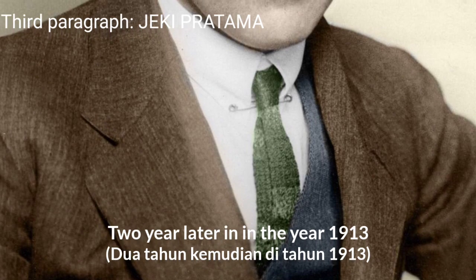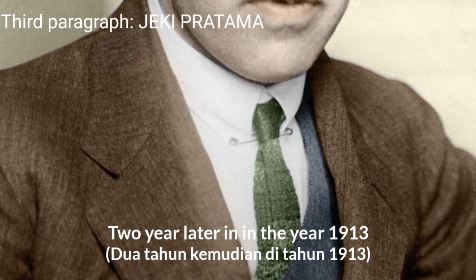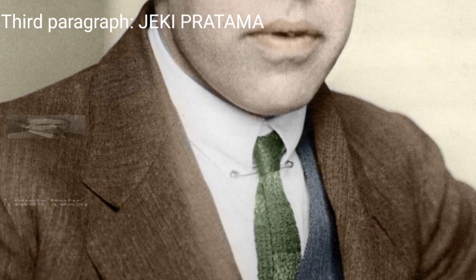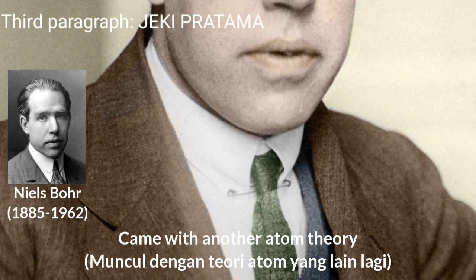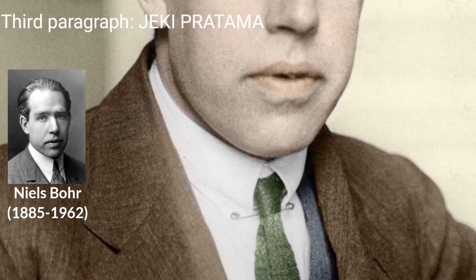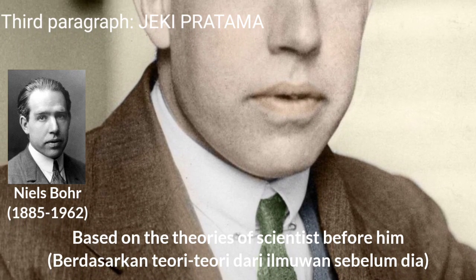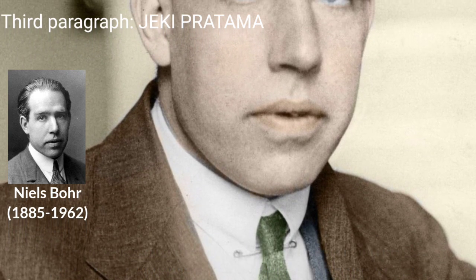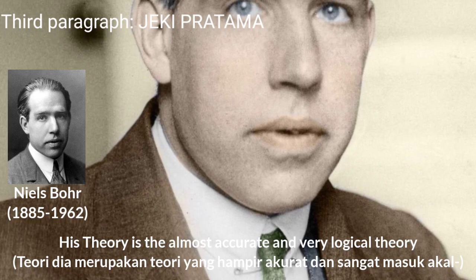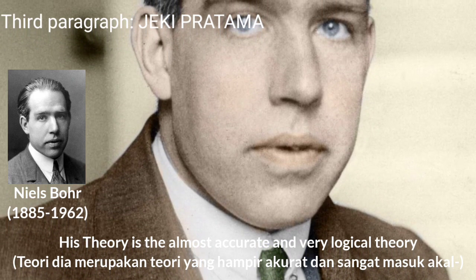Two years later, in the year 1913, a man named Niels Bohr came with another atom theory based off the theories of scientists before him. His theory is almost accurate and very logical.